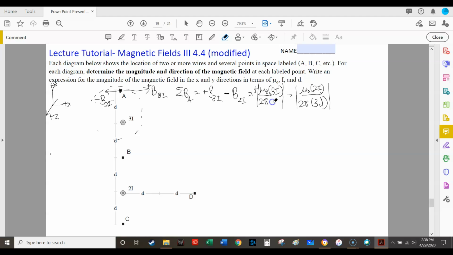I'm going to clean this up so it looks a little bit better. This is 1d away. So that's 2 pi times 1d. And this is 2 pi times 3d. So I'm going to factor out a mu naught I over 2 pi d to the front.